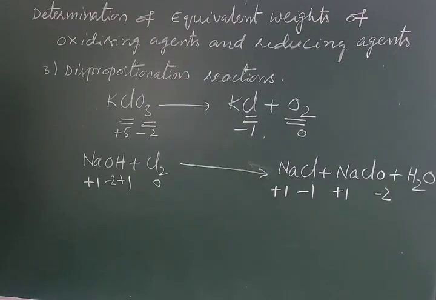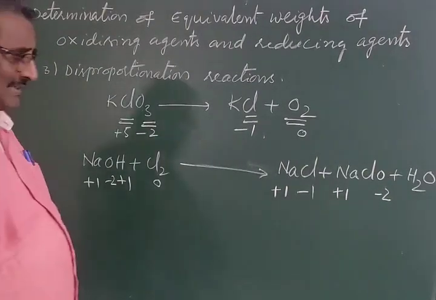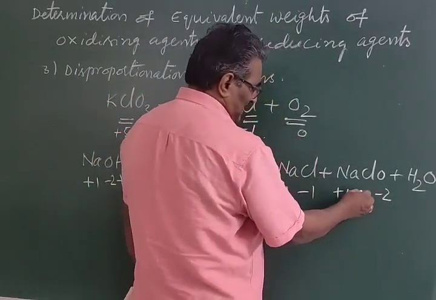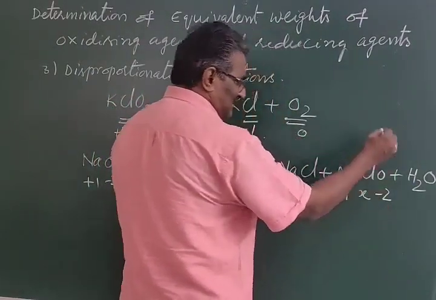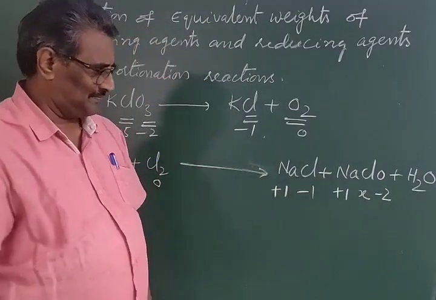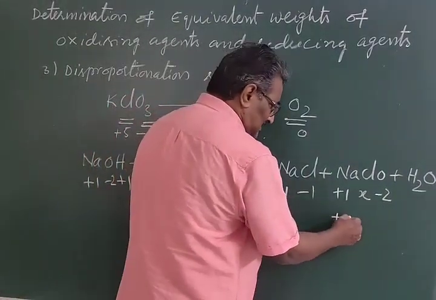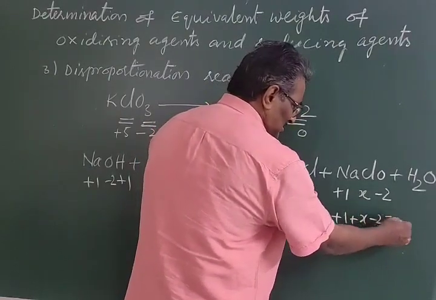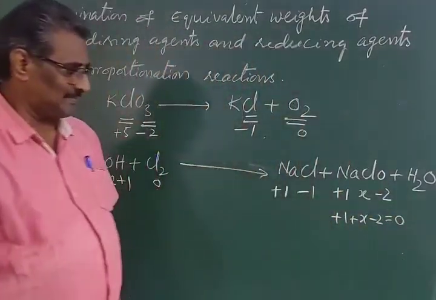What is the oxidation state of chlorine in sodium hypochlorite, NaClO? The total of the oxidation states should be 0. Let X be the oxidation state of chlorine. +1 plus X minus 2 should be 0.